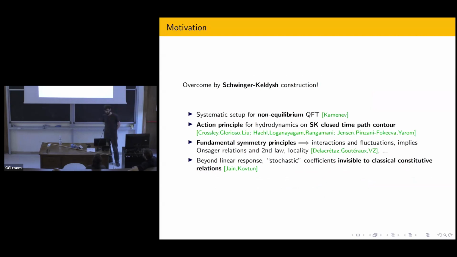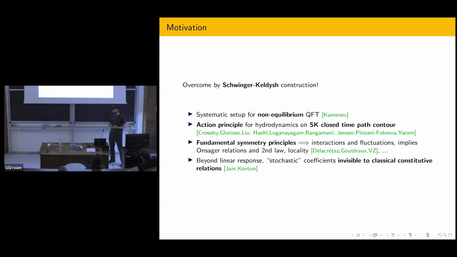The Schwinger-Keldysh setup is a systematic way of describing non-equilibrium phenomena in quantum field theory. It can give an action principle for hydrodynamics based on the so-called Schwinger-Keldysh closed time path contour.